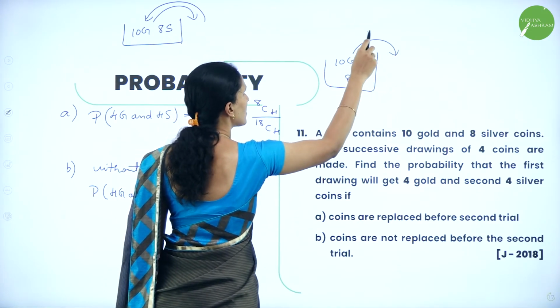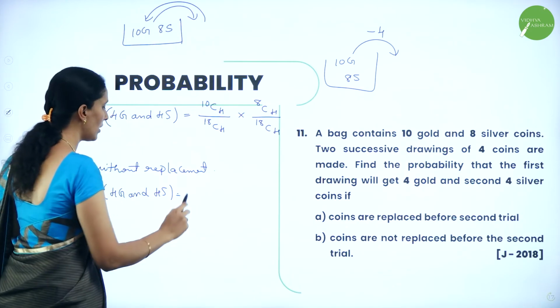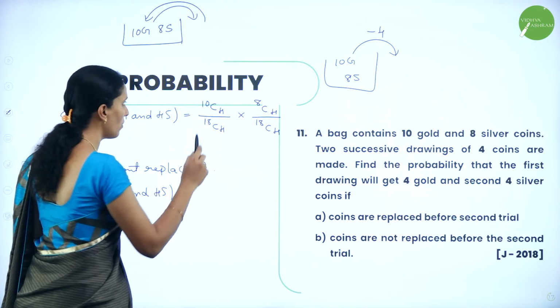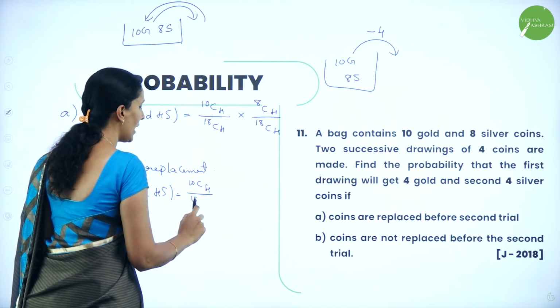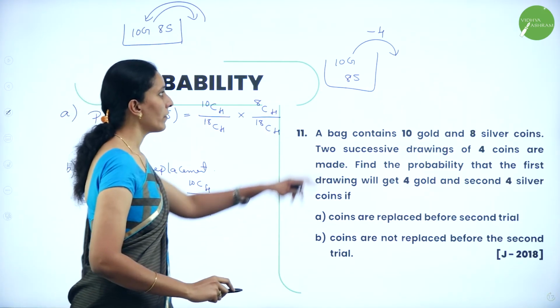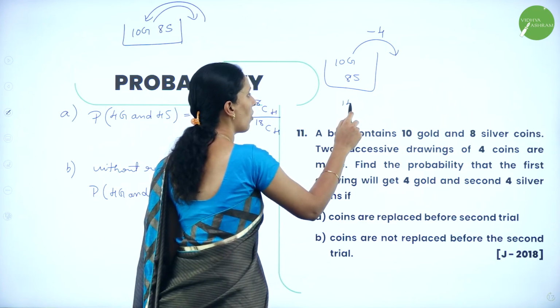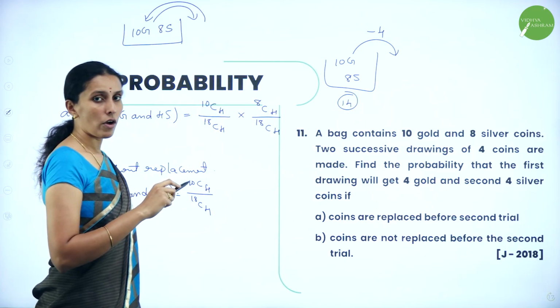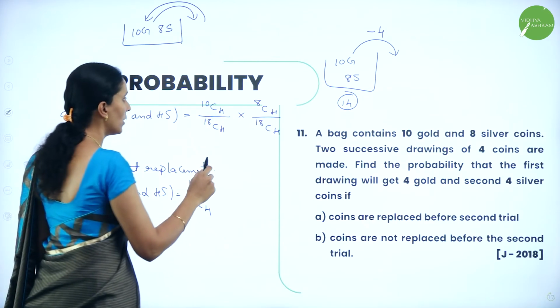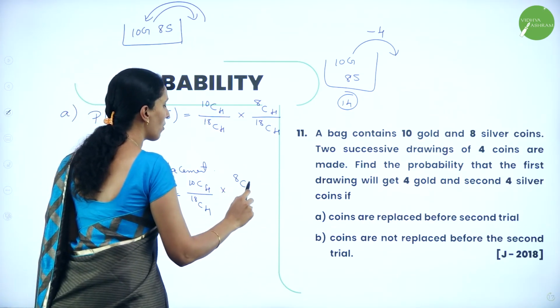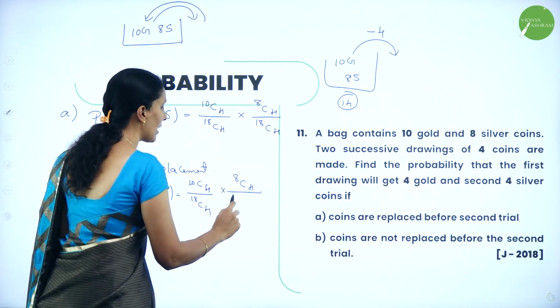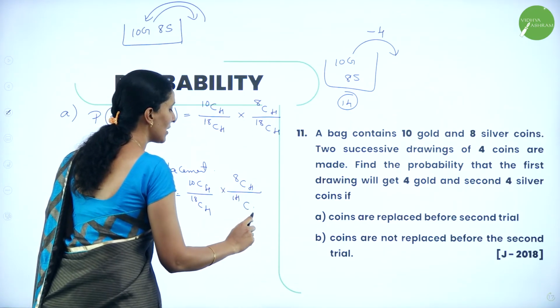So 4 gold coins are taken out, and the selection will be 10C4 by 18C4. Now in the bag you have only 14 coins. From those 14 coins you need to select silver coins. You have 8 silver coins, divided by 14C4.